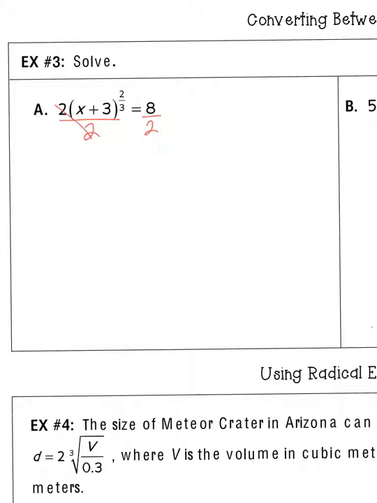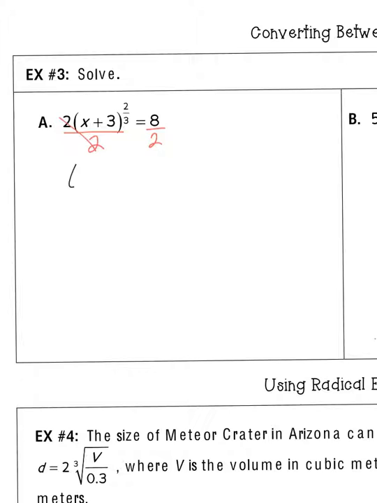So the 2's cancel, and we are left with x plus 3 raised to the 2/3 is equal to 4. So now remember that if you have a fractional exponent, to make this go away and become 1, we're going to raise this to the 3/2.